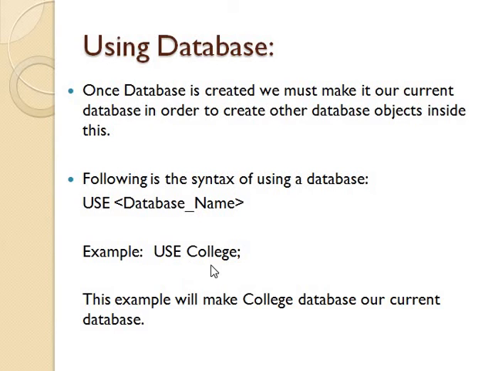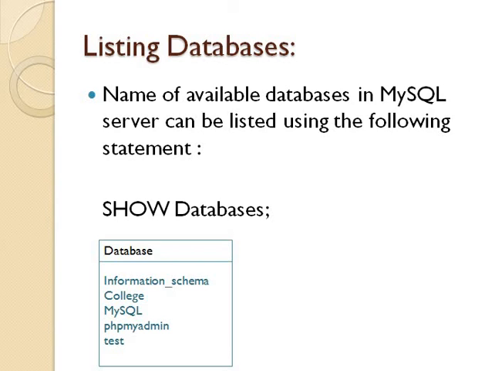And we used the use college command to specify this database named college to be our current database. And after creating that database named college and making it the current database, we use this command, that is show databases followed by a semicolon. And upon executing this command, your database specified by the name college gets added into the list of databases.